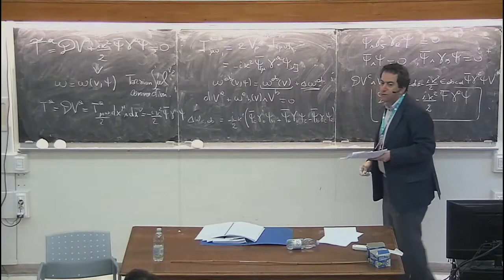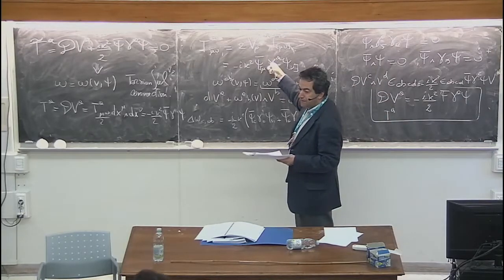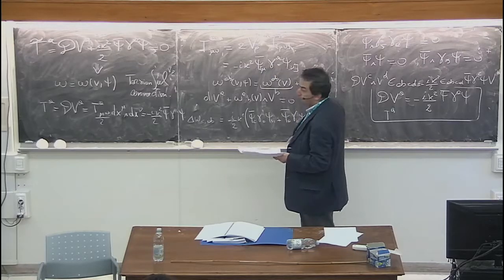If you have problems, you just ask. Try to derive from this equation the expression of delta omega AB.